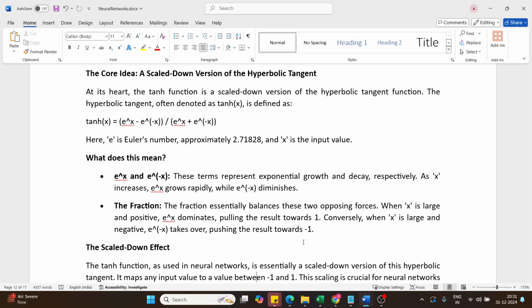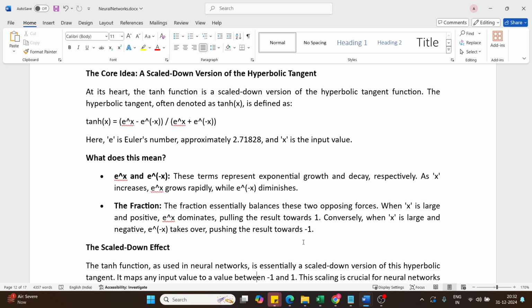And if you know about e raised to the power x, this tanh function, and if you understand this exponential curve, like if the value of x is increasing, then the value of e raised to the power x increases very high. I mean, it's exponentially increasing, right? So when you divide e raised to the power x minus e raised to the power minus x by e raised to the power x plus e raised to the power minus x, then you are essentially balancing the two opposing forces, like not completely leaving it to move to minus 1 and not completely leaving it to plus 1, right?